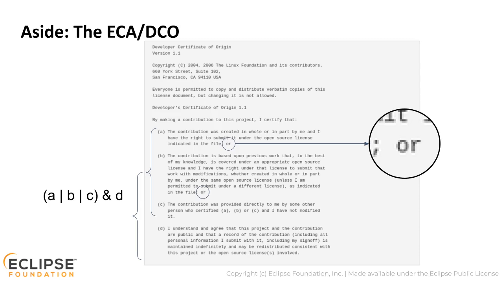As a committer working with contributors, you may get asked about the Eclipse Contributor Agreement. The purpose of the Eclipse Contributor Agreement, or ECA, is to provide a written record that contributors have agreed to provide their contributions of code and documentation under the licenses used by the Eclipse projects they're contributing to.